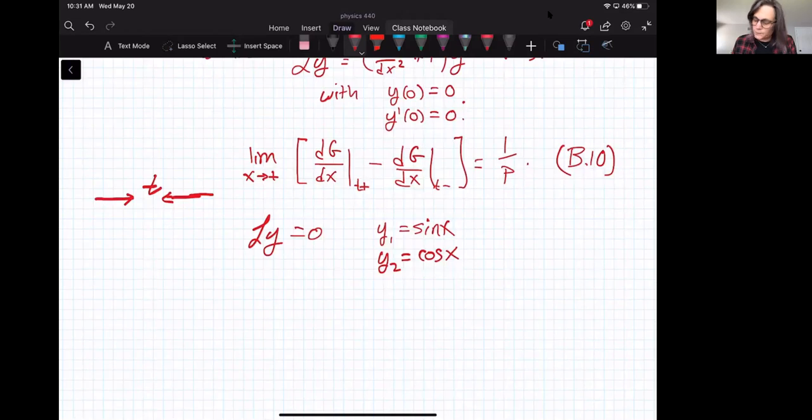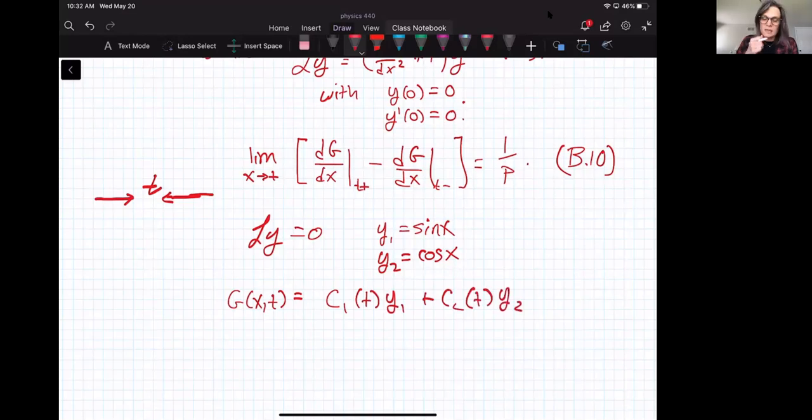So what do we have? g of x, t is going to be equal to some constant c1 of t times y1 plus c2 of t times y2. That's because g of x and t is equal to 0 for x less than t.